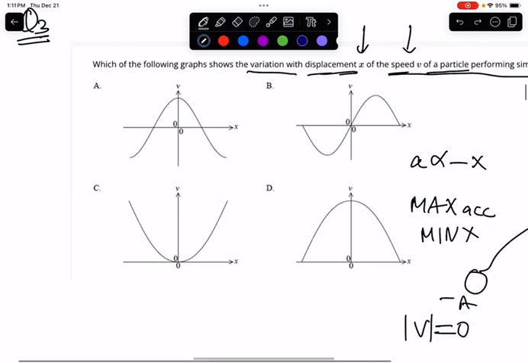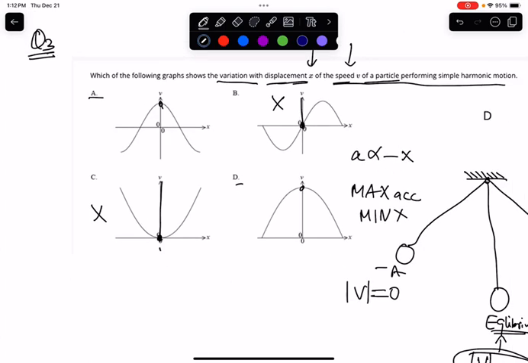So what you will see is that option B is a straight up no, because the velocity is 0, and that's not the case. Option C is also a straight up no, because the magnitude of the velocity should always be maximum at the equilibrium. So now you get to A and D. In both of these cases, the magnitude of the velocity is maximum at the equilibrium.